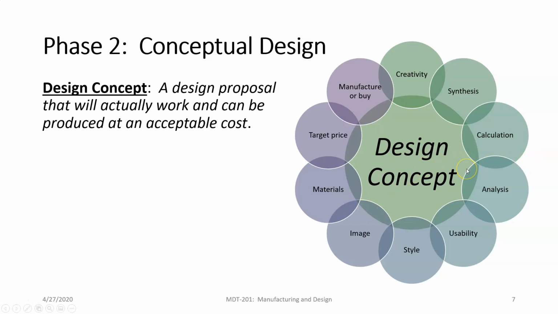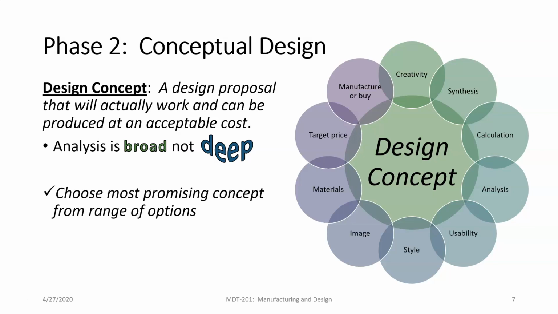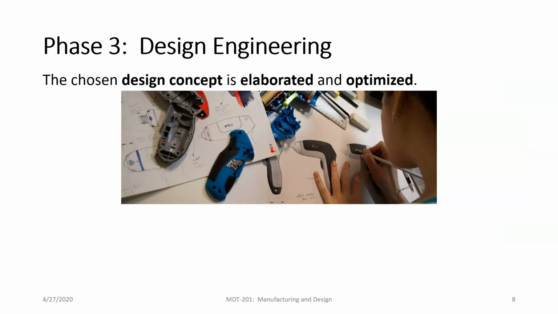So there's a lot of factors that go into that decision, and we're still a bit above the actual detailed production here. But the analysis is going to be broad, but not deep. Okay, not deep. We're not going deep yet. We choose the most promising concept from a range of options. And then that's what we go forward with to phase 3, design engineering.